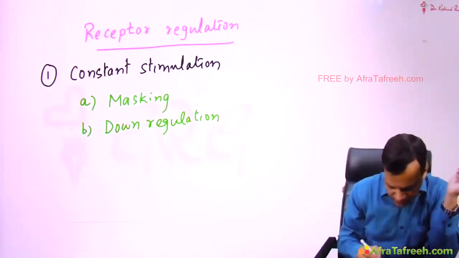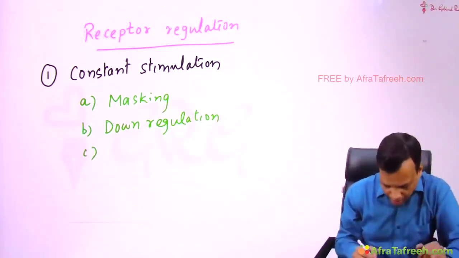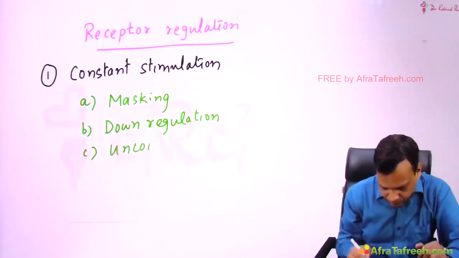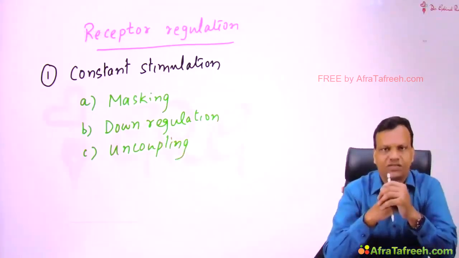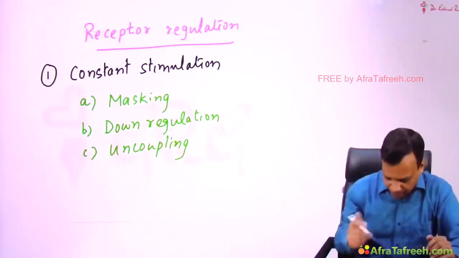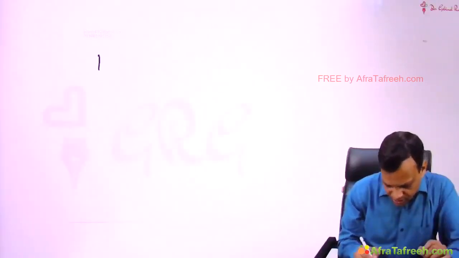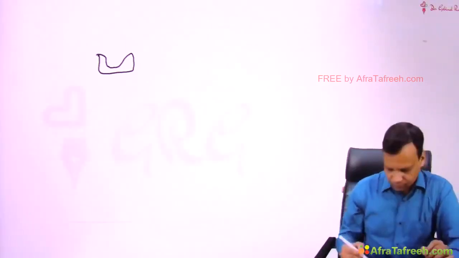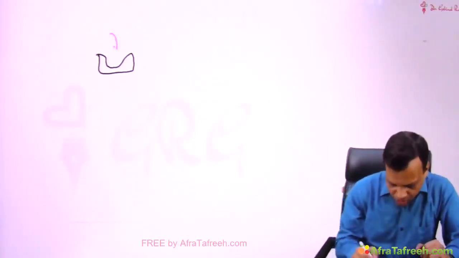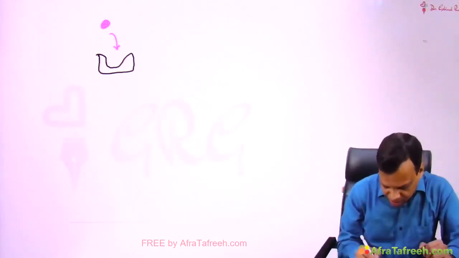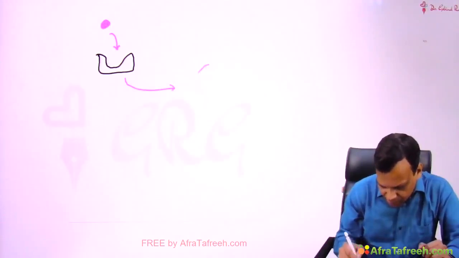And the third thing which can happen is uncoupling of the signal transduction pathway. To understand this uncoupling, suppose this is a receptor, a G protein coupled receptor we assume. The agonist or the drug binds to this receptor. After binding, it will stimulate the G protein.